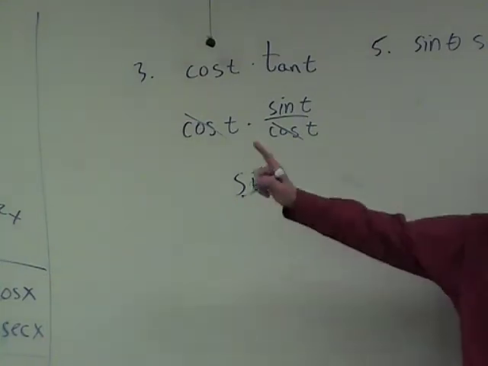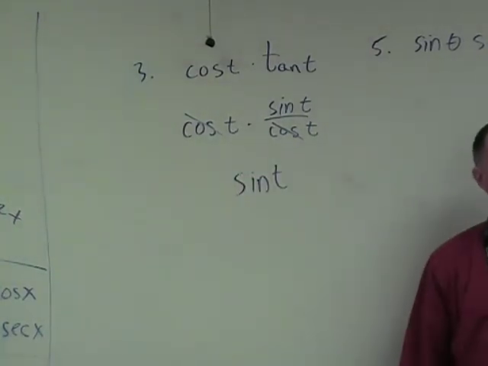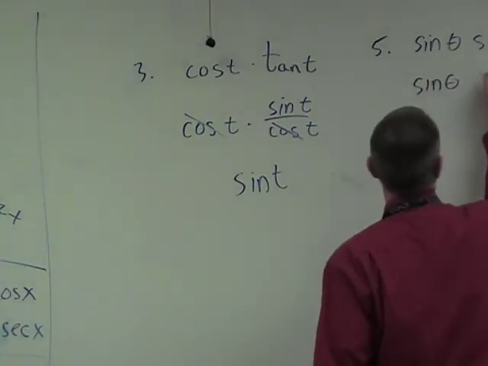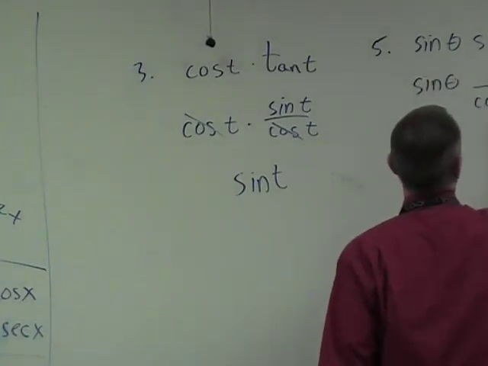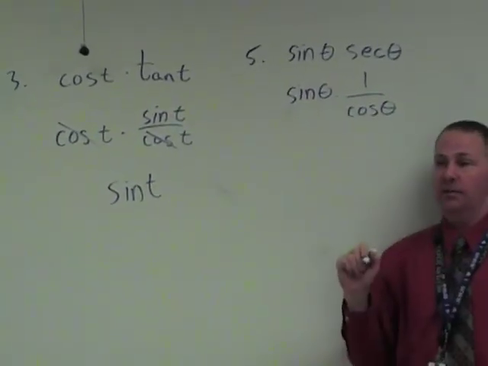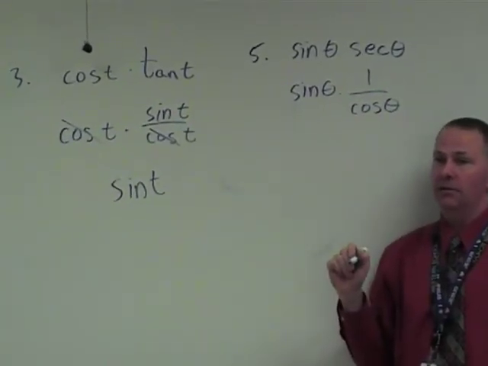What is the secant? Use your identities over here. Cosine inverse. Yeah. The secant is the same thing as 1 over the cosine. All right? Now, can I simplify this at all?